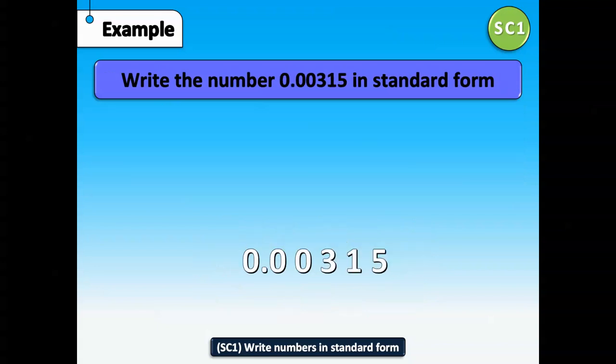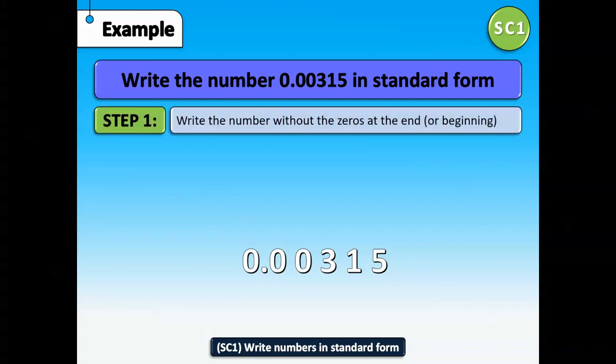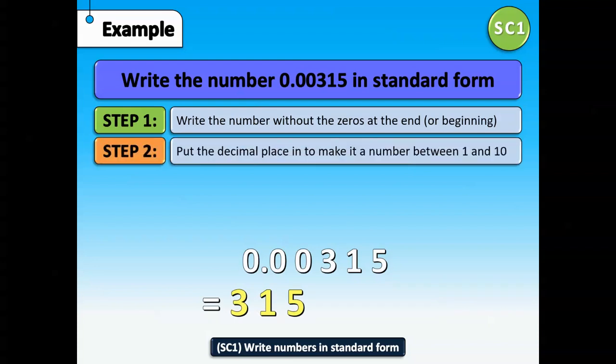Here's another example. We want to write this number in correct standard form. So we write the number without the zeros. So that'd be 315. Then we put the decimal place to make it in a number between 1 and 10. So we need to put the decimal point there.